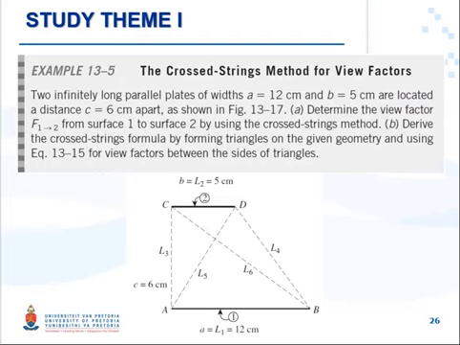Now let's look at example 13.5 of our textbook and see if we can find the view factors. Two infinitely long parallel plates. We have A equal to 12 centimeters, B equal to 5 centimeters, and C equal to 6 centimeters. The question asks us to determine the view factor F12 from surface 1 to surface 2 by using the cross-string method.